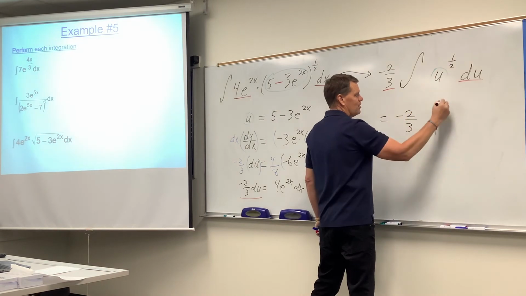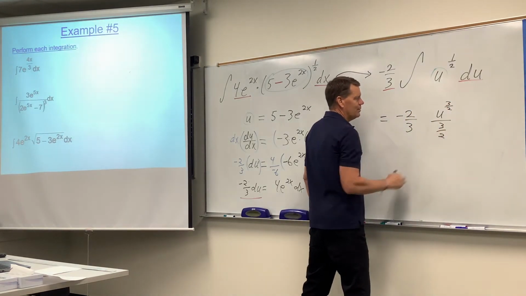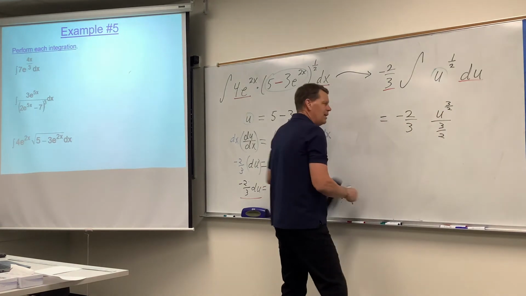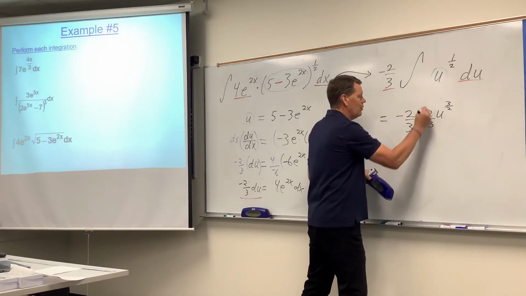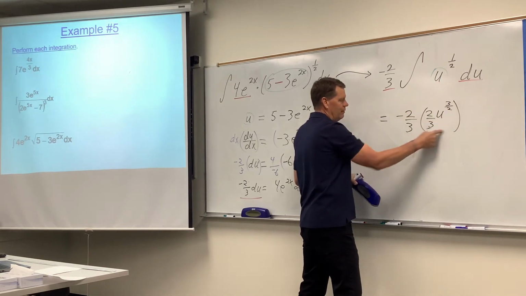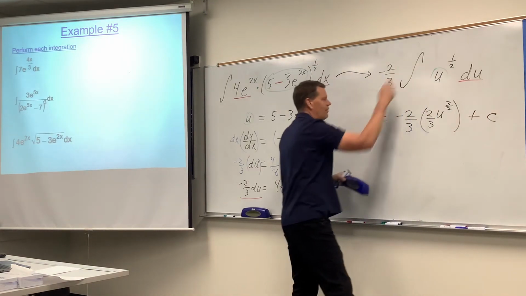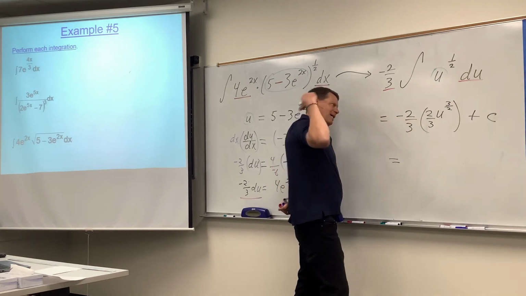So 1/2 plus 1 is 3/2. And then instead of putting that over 3/2, n plus 1, just remember we invert and multiply it. So division by 3/2 is the same thing as multiplication by 2/3. This would be the antiderivative of that. And this number just happened to be out in front. Plus c, indefinite integral.